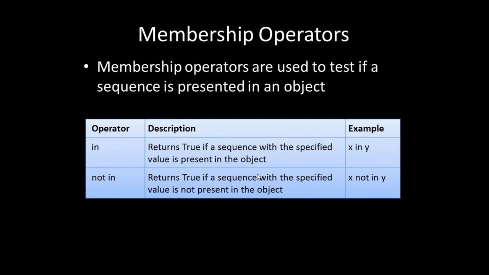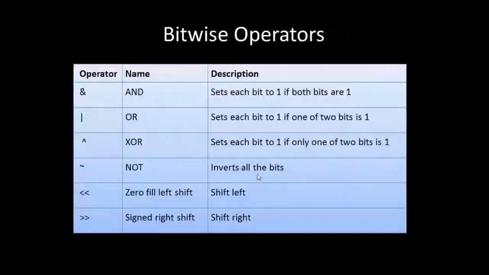How do you check? By using the in operator. So it's very easy to check if a particular value is present in your sequence or object. That is using the in operator.